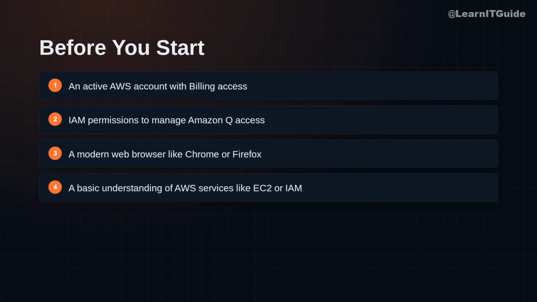Finally, you should have a basic understanding of AWS services such as EC2 or IAM to interpret the suggestions Q gives you. Make sure these are ready before we proceed. Take a moment to review each point shown on screen.